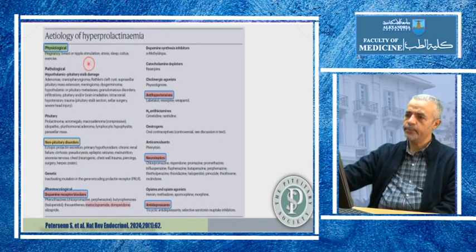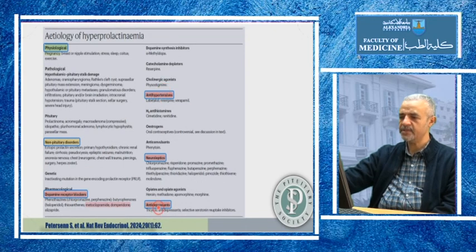Actually, causes of hyperprolactinemia are not merely prolactinomas. So you have to remember that we have a number of physiological causes like pregnancy and stress. We have the pharmacological causes, which represent up to 45% of all cases, including dopamine receptor blockers, antihypertensives, antidepressants, antipsychotics, and H2 blockers.